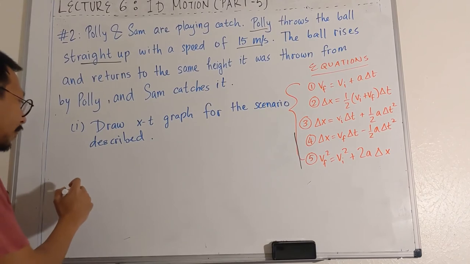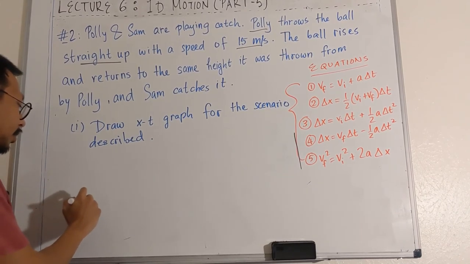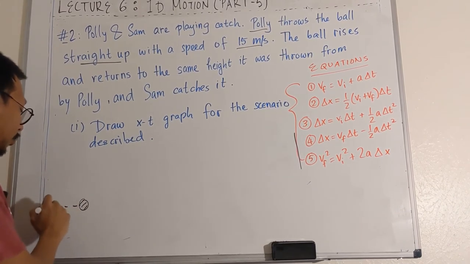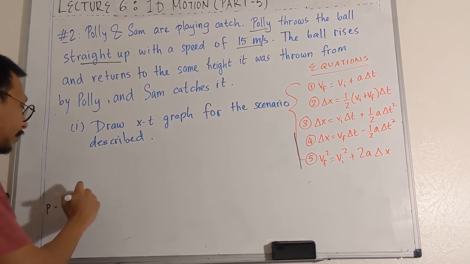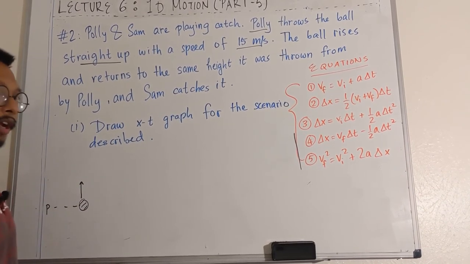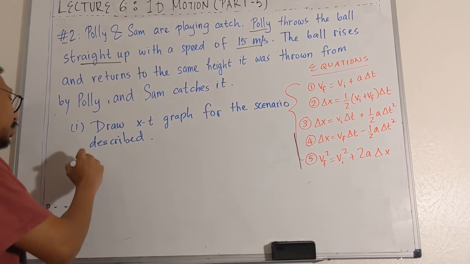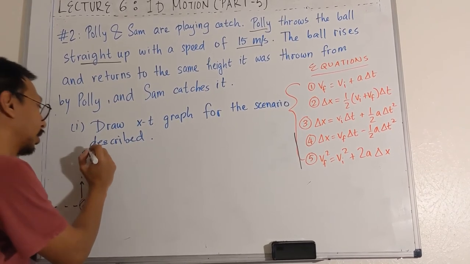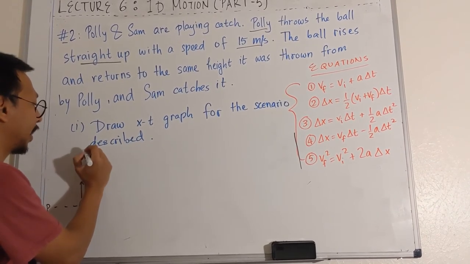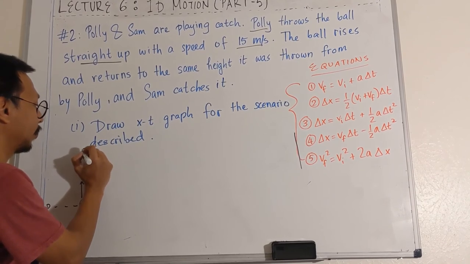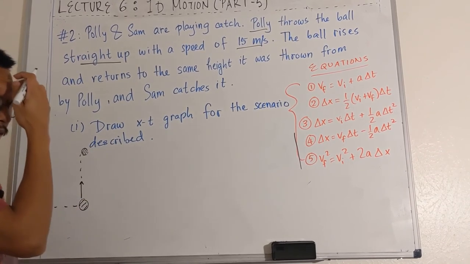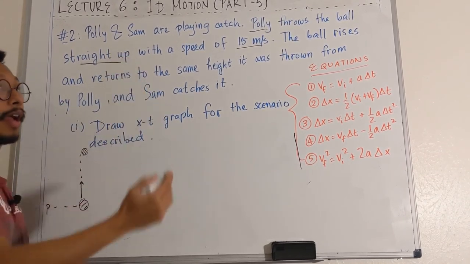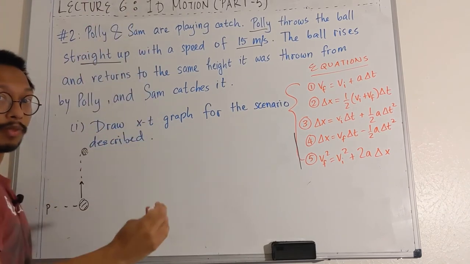Okay, so let's draw a very simplified diagram. So let's say here is Polly. She throws the ball straight up. It goes up, then it reaches a maximum point, right? So anything you throw up has to reach a maximum point, then it comes back down.